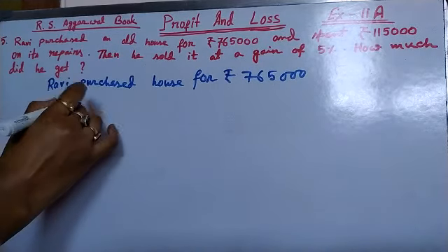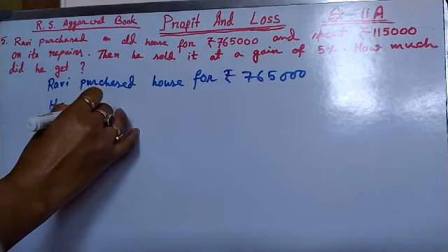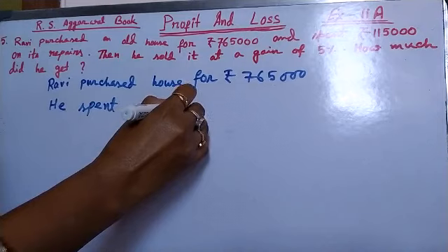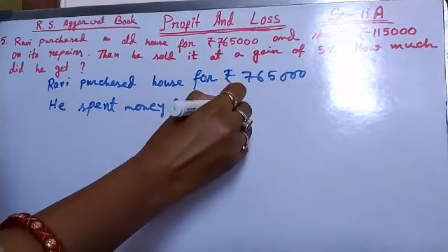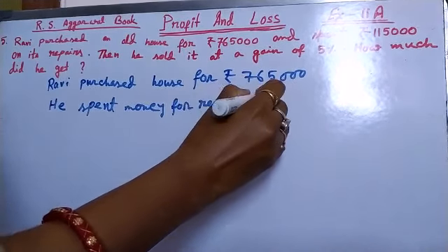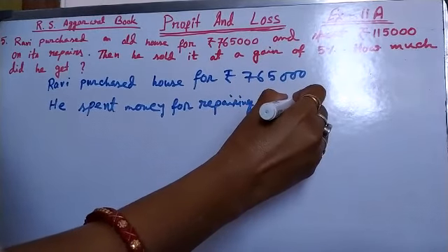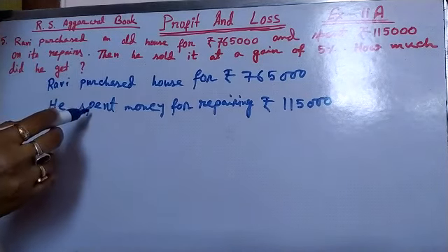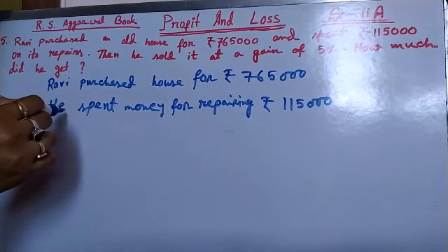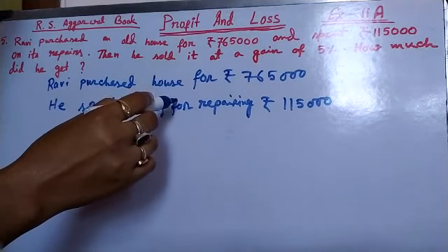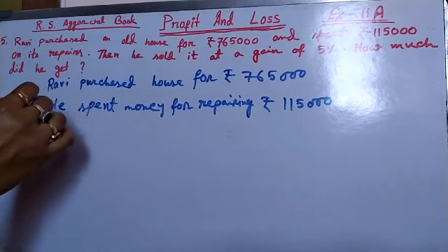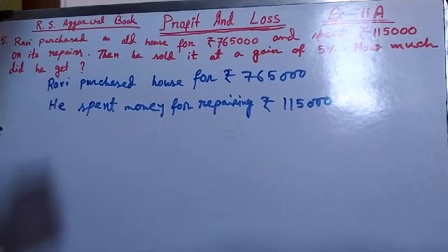He spent money for repairing, that is rupees 1,15,000. So here the total investment, that means the total expenditure on this house, should be found out first. That will be the total CP of that house.